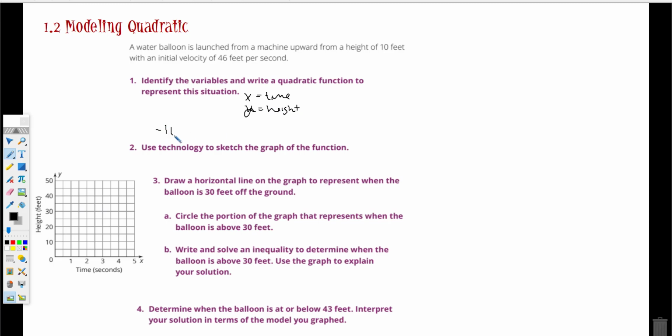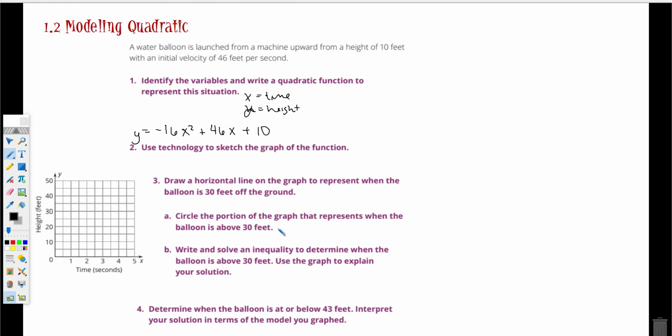And so that's negative 16 x squared plus our initial velocity, which was 46 x plus 10. And it says to use technology to help us sketch the graph.